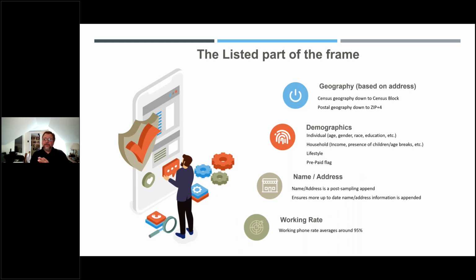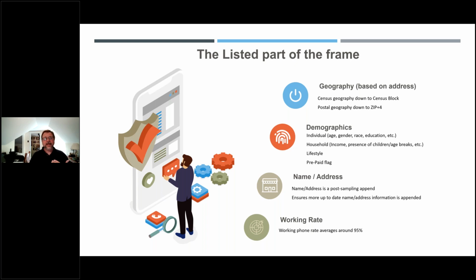So I'll talk a lot about the listed part, because that's really the engine that drives the advanced cell phone frame. First of all, every number that's in the listed frame has a name, an address, and geography associated with that telephone number.